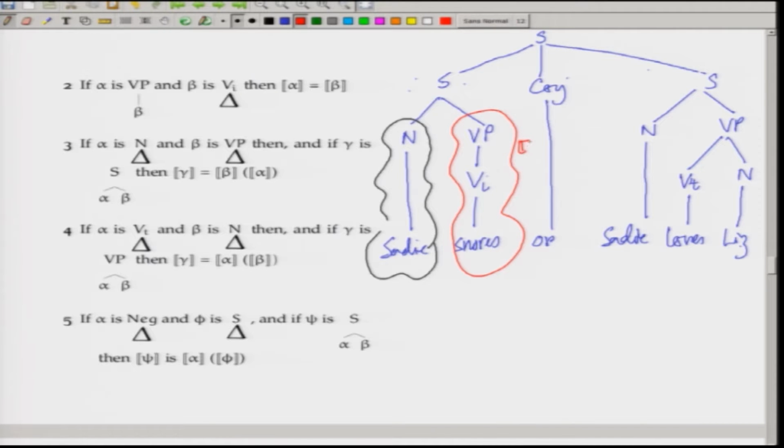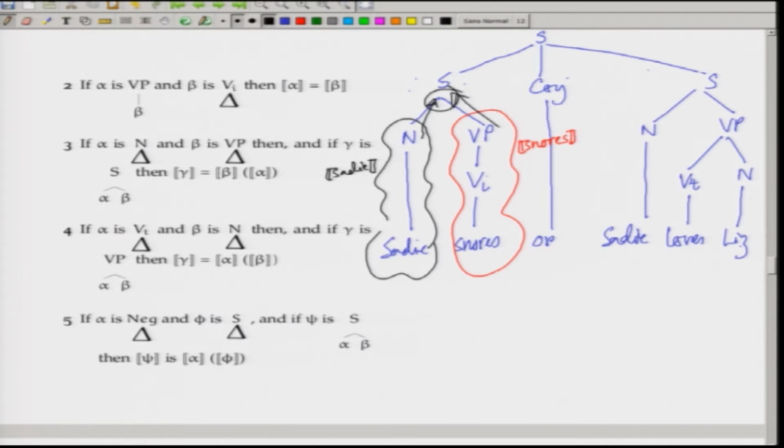It is actually the reference, the denotation of Snows, and this branch has this reference, which is the denotation of Sadie. We saw this in the previous session. Now we need to calculate the truth value of this node, where these two things travel up and make this node, and then what happens?